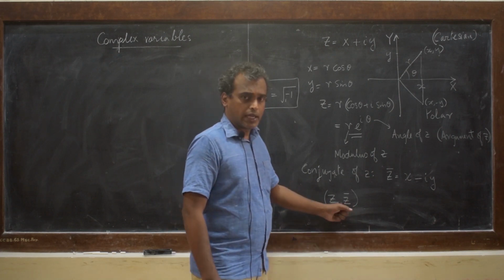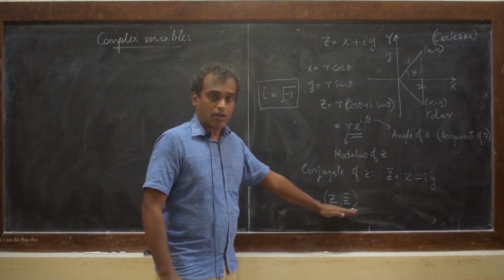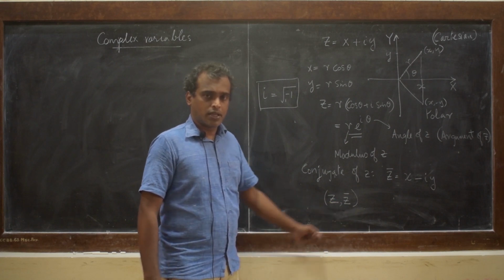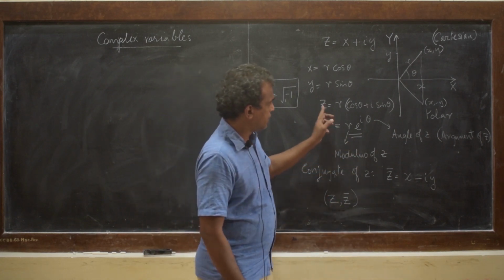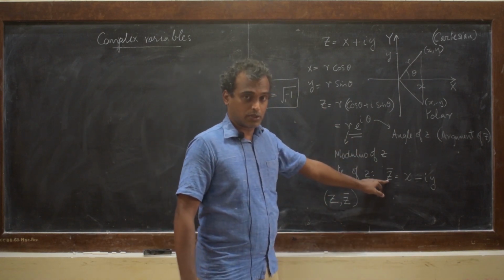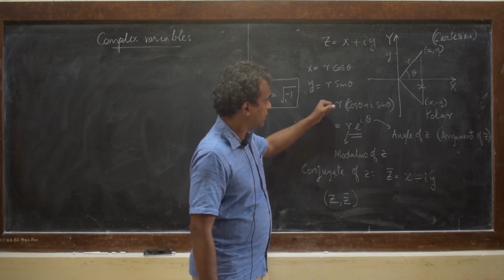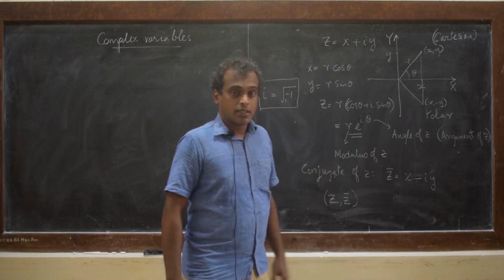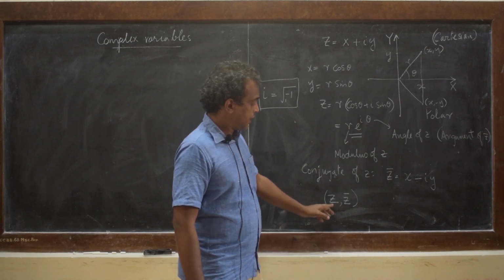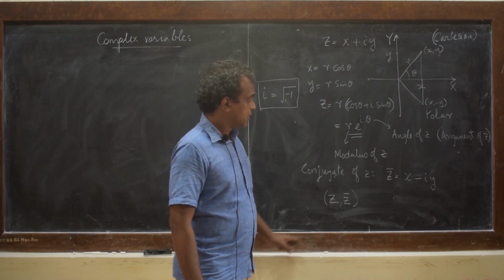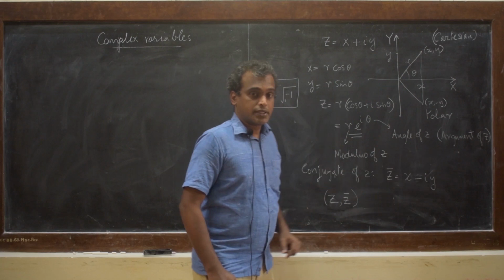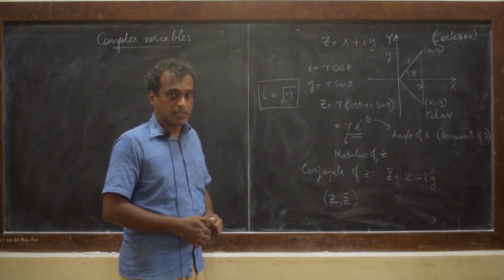It might look a little bizarre or unnatural that we use a coordinate z and its own complex conjugate, which can be found completely from that coordinate, that we can use two such coordinates to represent any point on the plane.